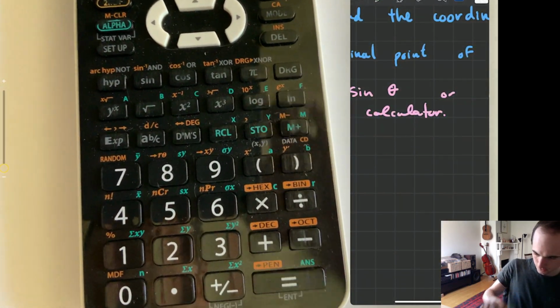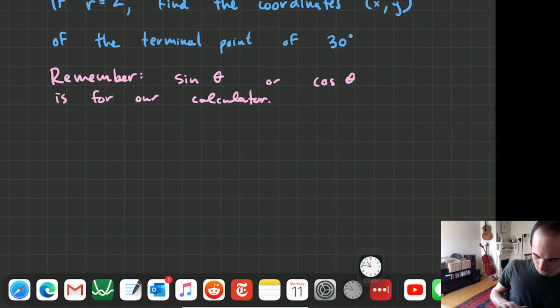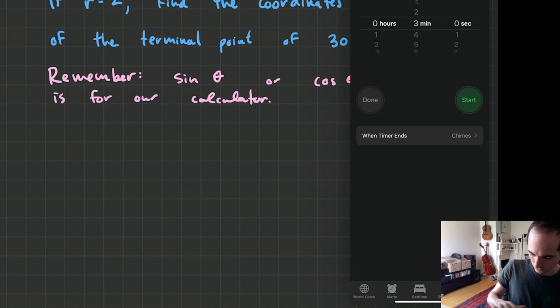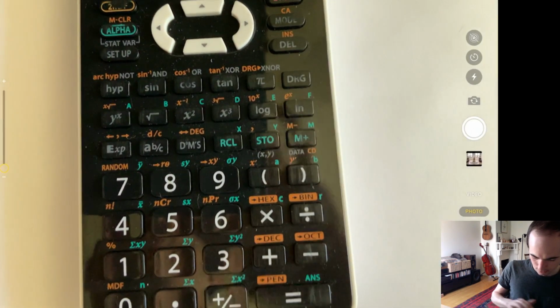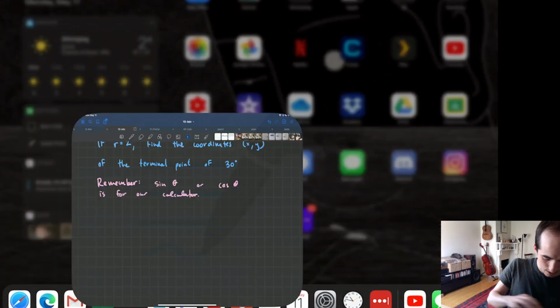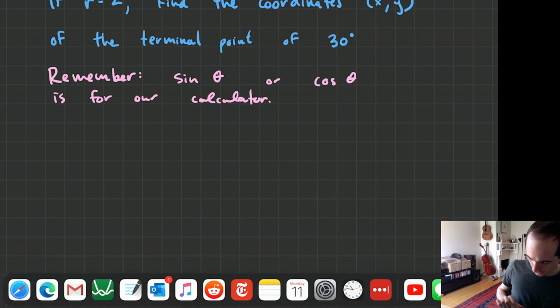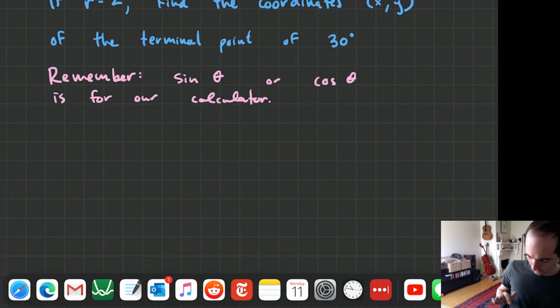No, it doesn't want to do that. Okay, whatever, good enough. Where did my case go? Here it is.